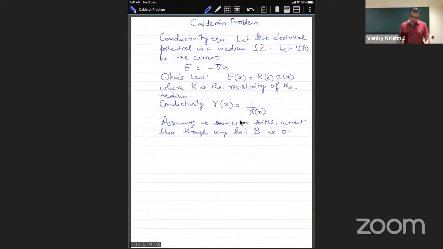If you consider a ball, this is what it means: the integral of I dot nu dS of x is equal to 0.